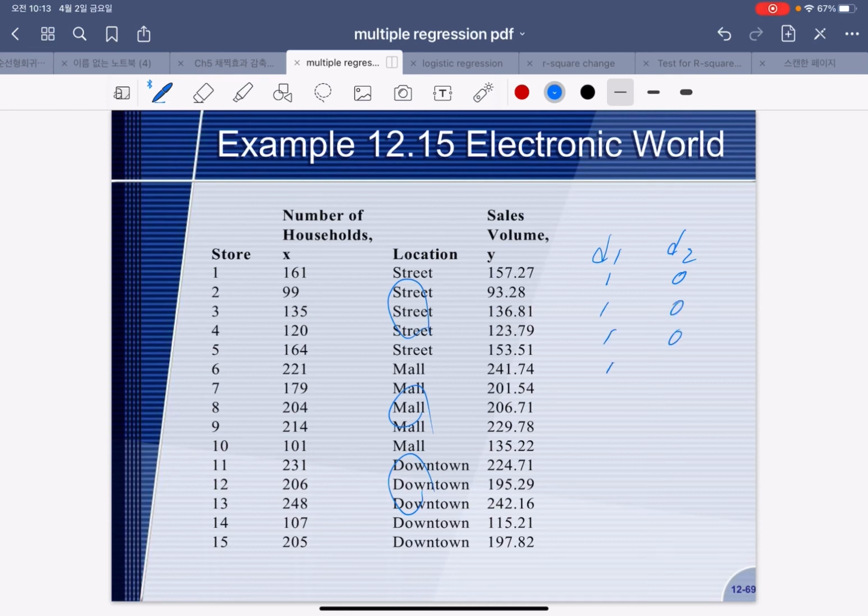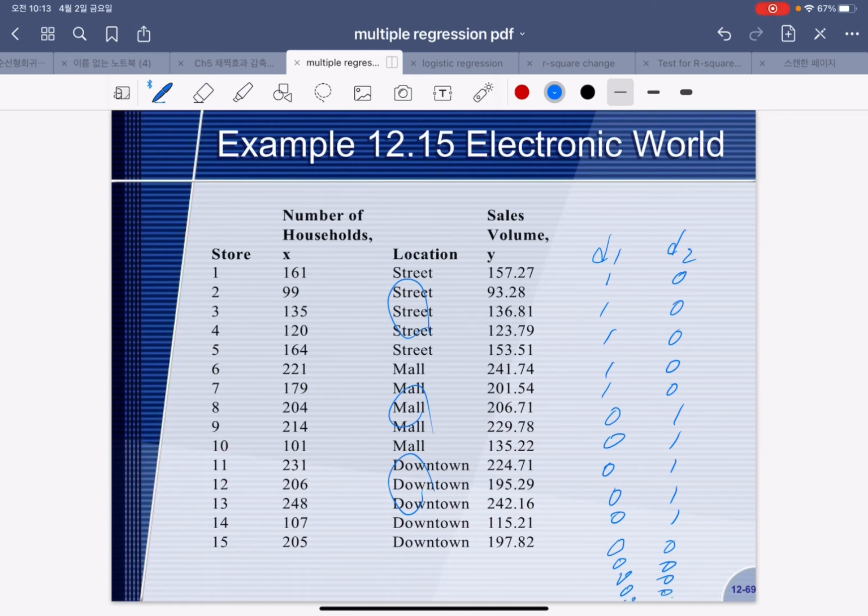And for the mall, you can use 0 for dummy 1 and 1 for dummy 2. And for the downtown, you use 0 for dummy 1 and 0 for dummy 2.